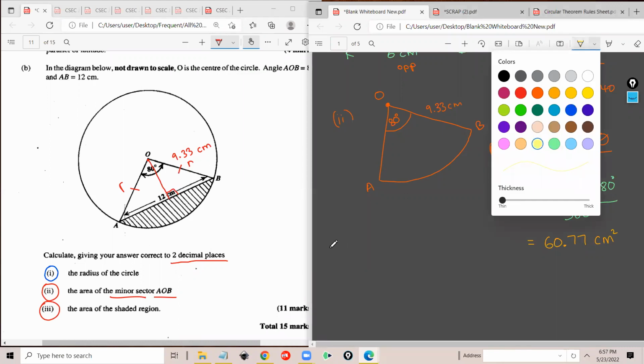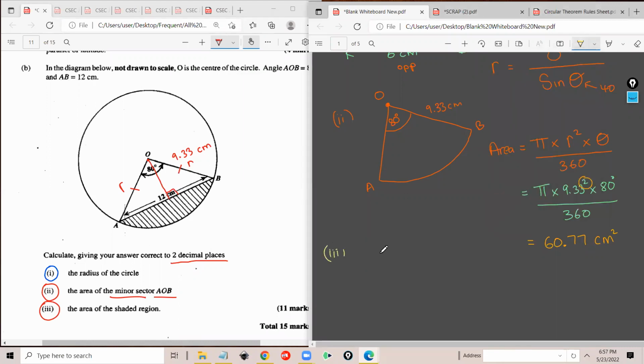I think everyone can agree with that. So this is what you're aiming for now. We have the area of the whole sector. You just need to find the area of the triangle, that's the yellow part here, and minus it from the area of the whole sector.